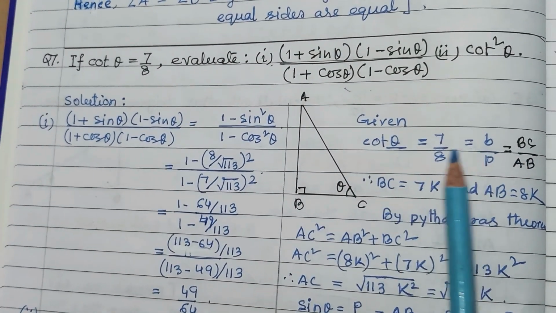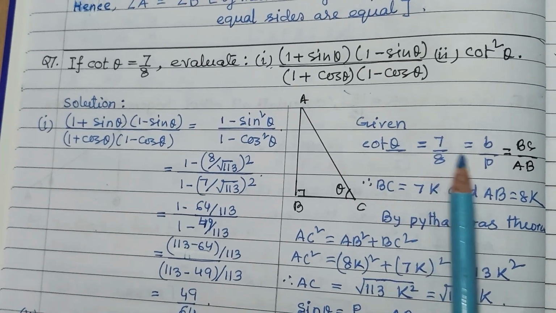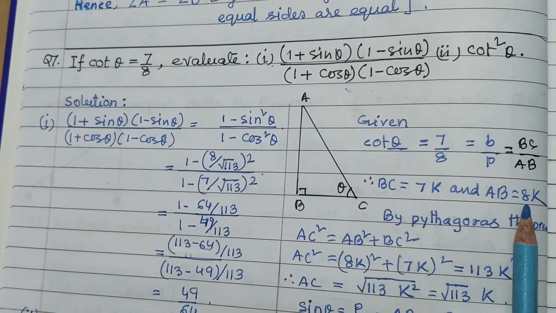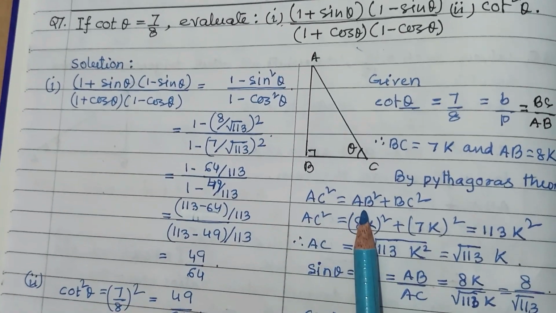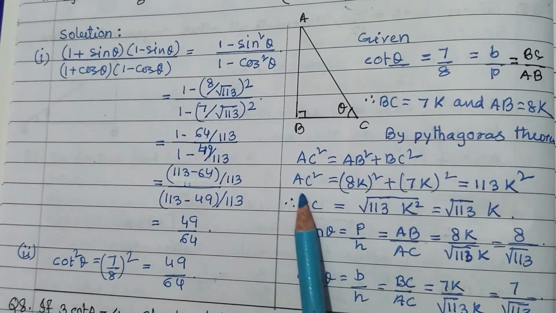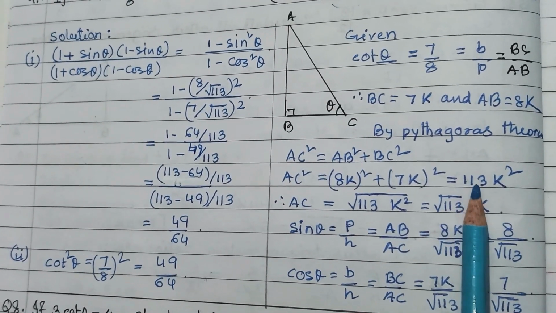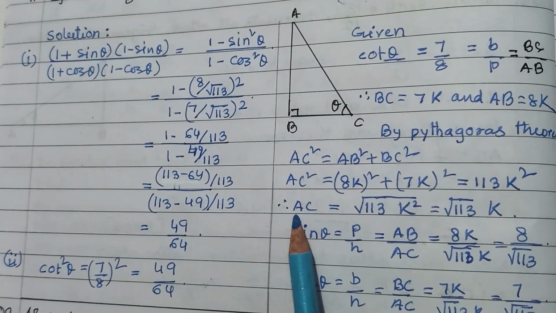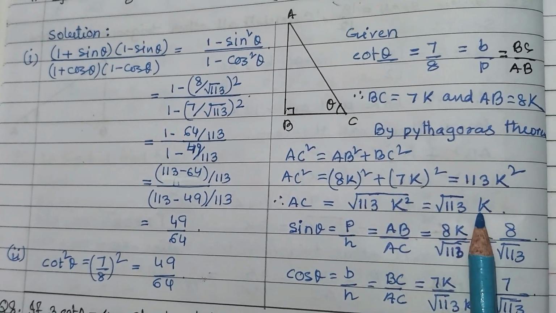So you take as base BC is equal to 7k and AB is equal to 8k. Now, by Pythagoras theorem, AC square is equal to AB square plus BC square. You find out AC square is equal to 113k square. So AC is equal to under root 113k.